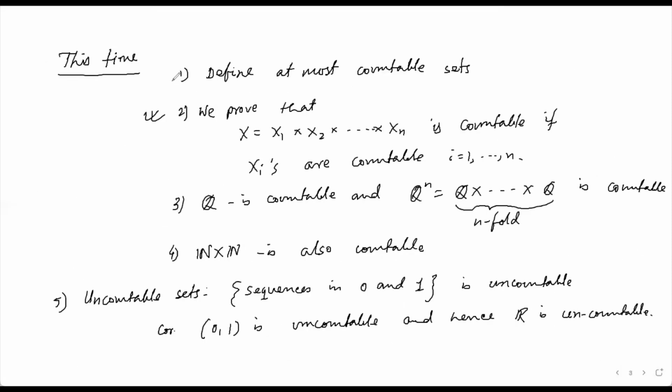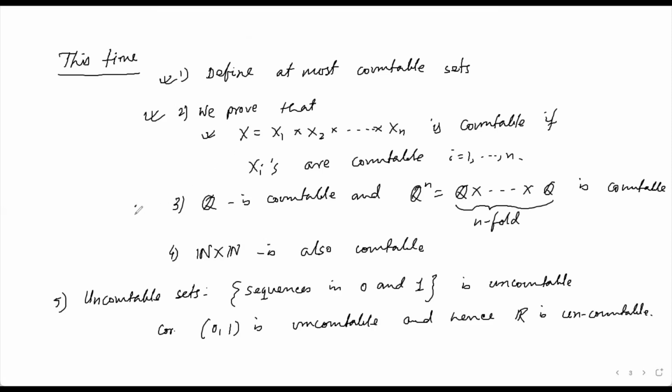So we have defined at most countable sets, and we have proved that for any natural number n, the n-fold Cartesian product of countable sets is countable.